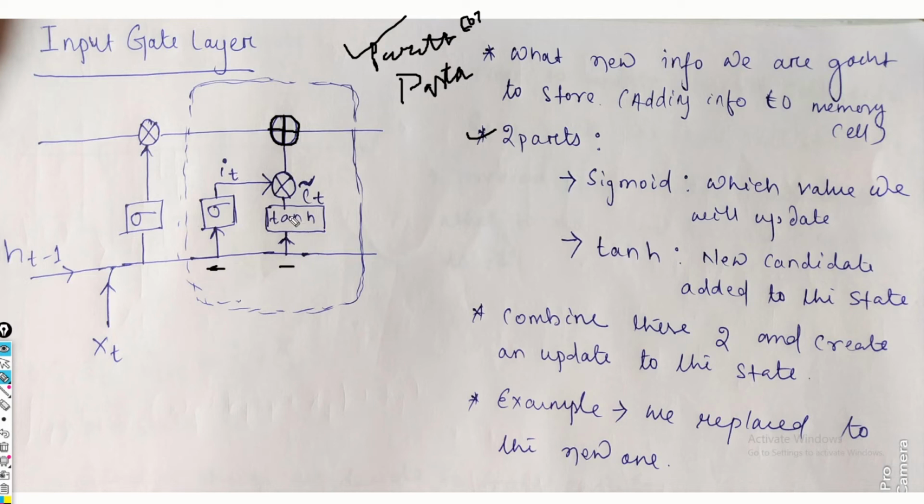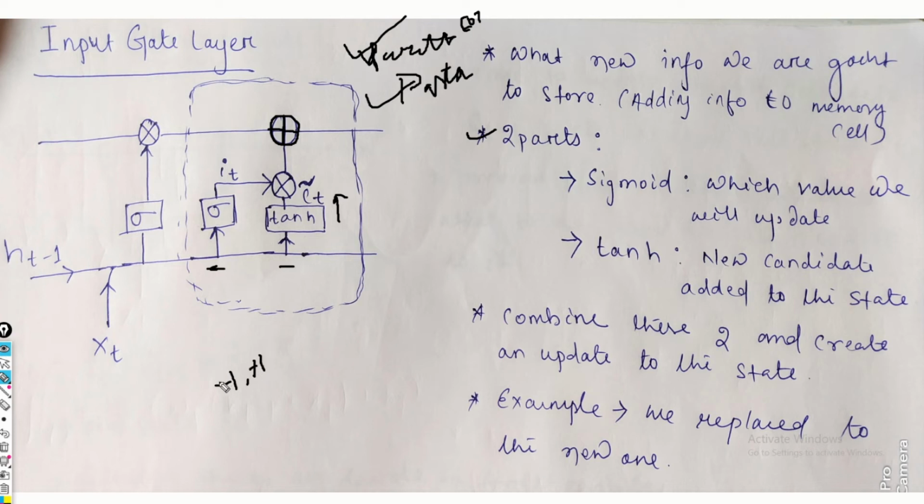What new information do we want to add? Pasta. We want to forget this paratha and we want to remember and add pasta. So how are we going to add pasta? The new candidate is added to this particular state, and it goes through tanh. What will tanh give? It gives -1 to +1.